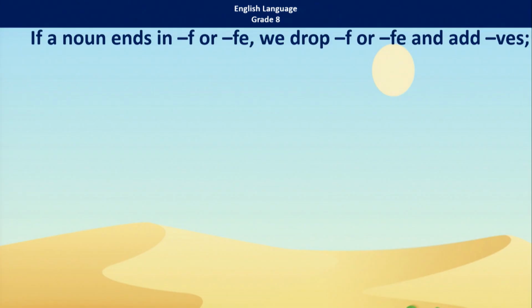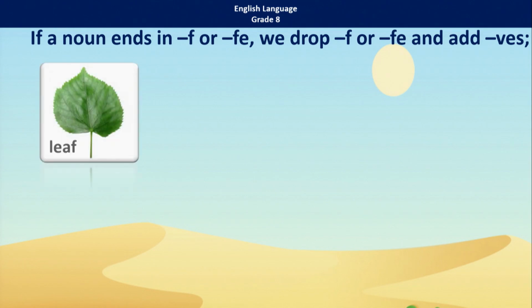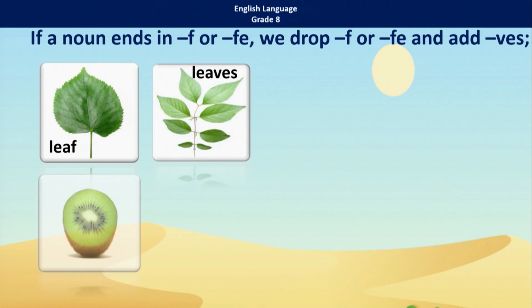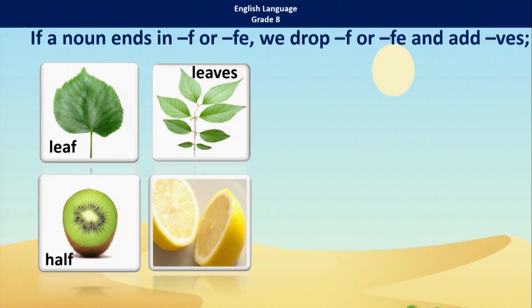If a noun ends in F or FE, what do we do? We drop F or FE and add VES. Yes. Leaf, leaves. Half becomes halves.